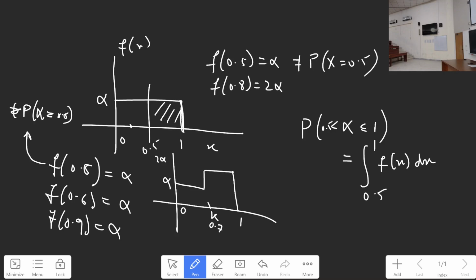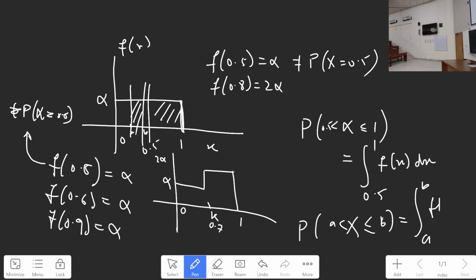If you want to find the probability in any given range between A and B, how can you do that? The probability that x is greater than A and less than B, let's say A is here and B is here, you take that area. So it will be the integral from A to B of f(x) dx.